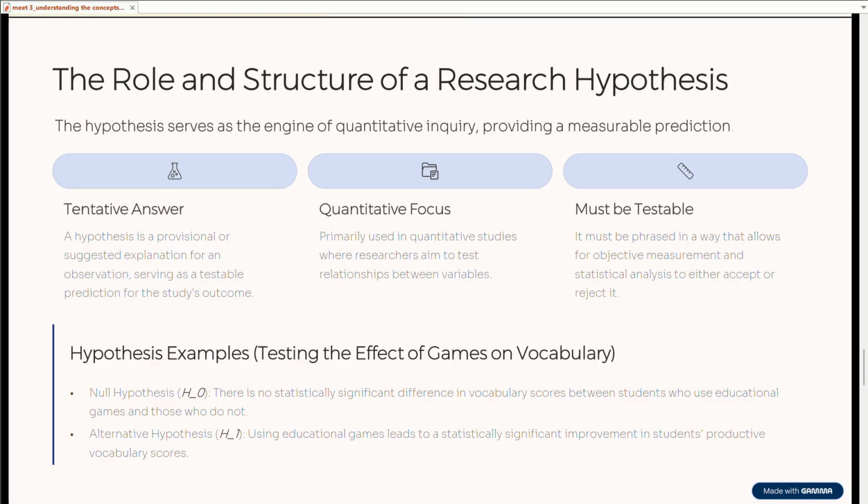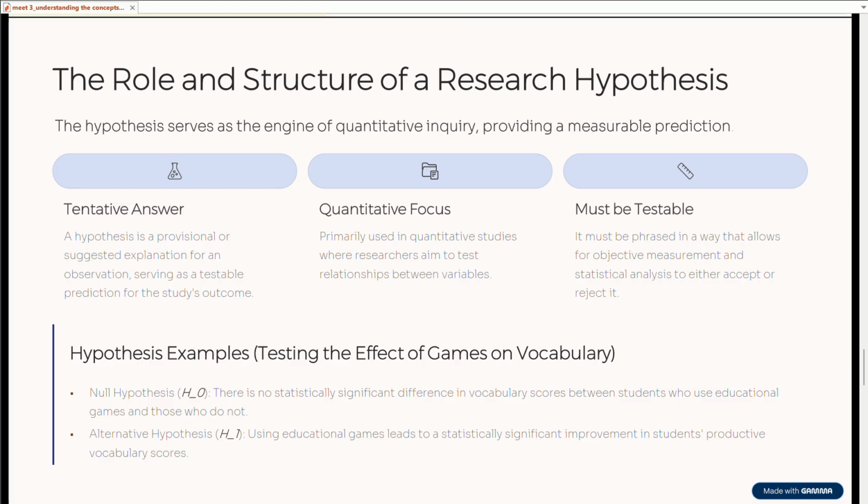It serves as the engine of the quantitative inquiry, providing a measurable prediction because it is a tentative answer. A hypothesis is a provisional or suggested explanation for an observation, serving as a testable prediction for the study's outcome. Tentative means not an exact answer, but a temporary one.